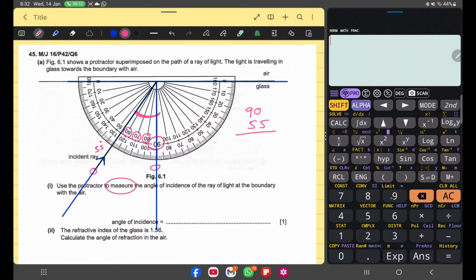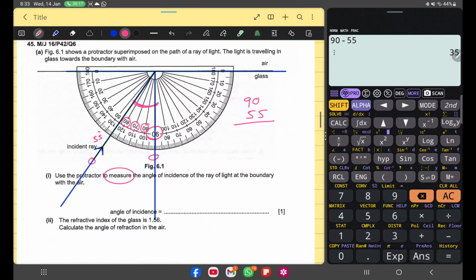So 90 minus 55, the angle is 35 degrees. So this is the angle of incidence.